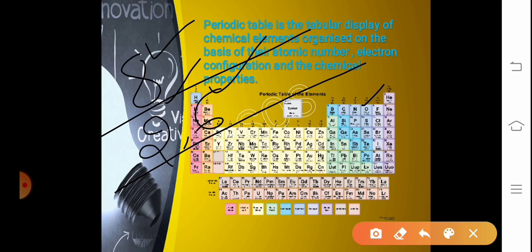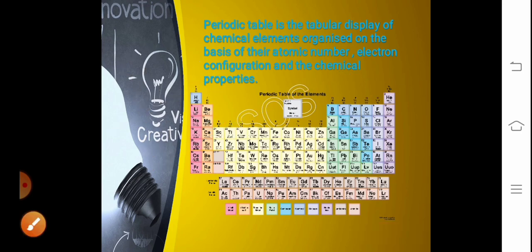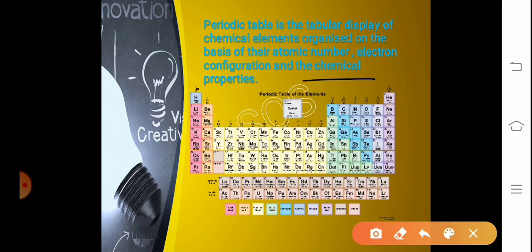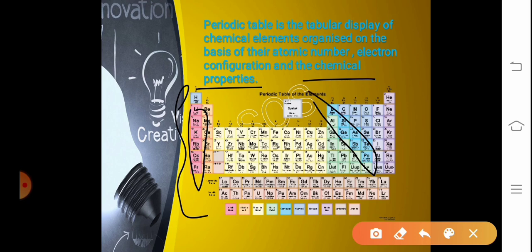I have also told you that the elements are arranged on the basis of their chemical properties, right? If you observe this table, you can see that some of the elements have the same color. So we can say that these elements have the same chemical properties.